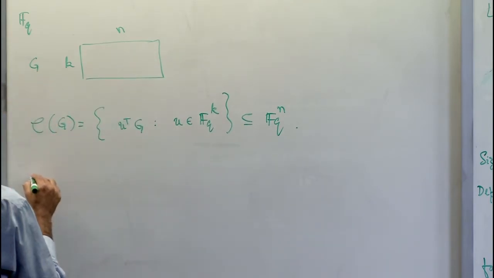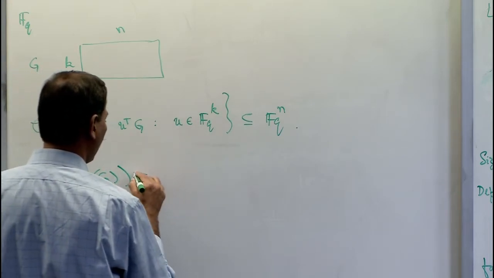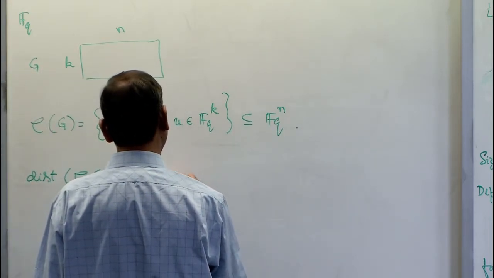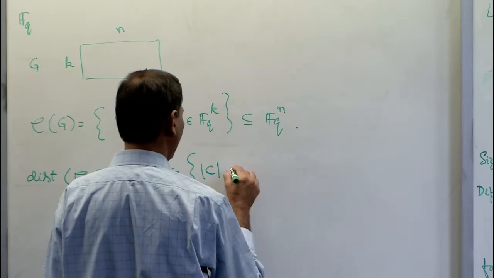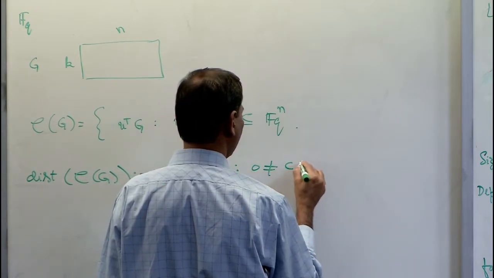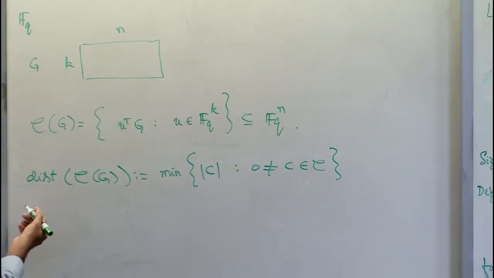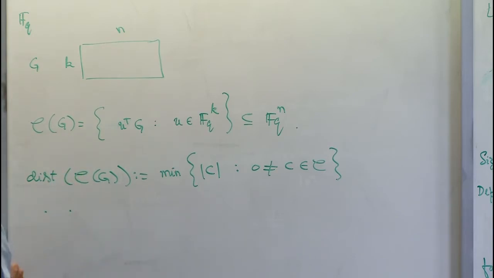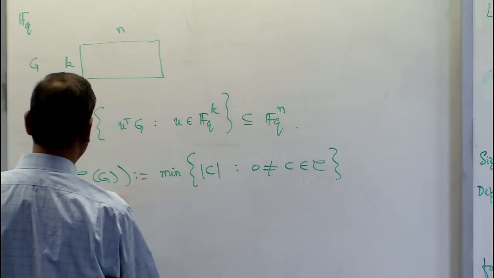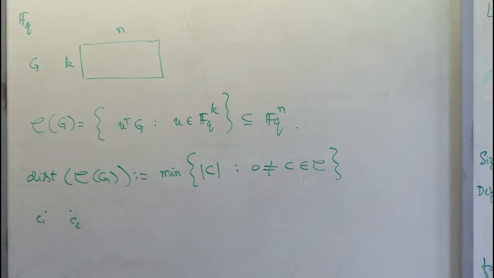And the minimum distance of the code is the minimum weight of a nonzero code word C. What this means is that in this subspace, if you take any two vectors, C1 and C2, they differ in at least this many coordinates. Let's call this D. That's an error correcting code. Maybe many people know this already.